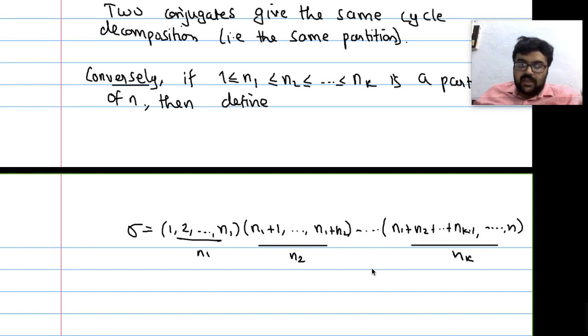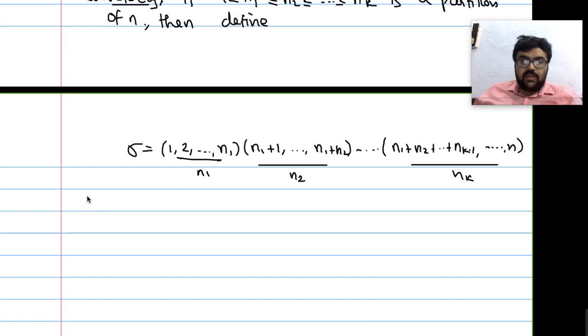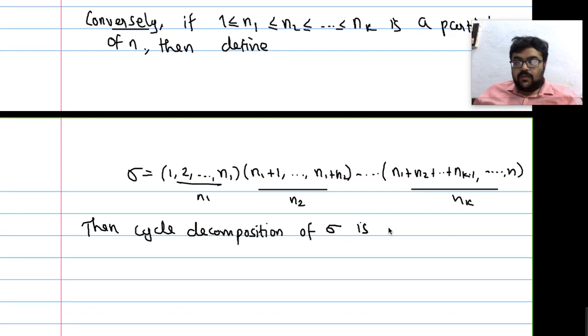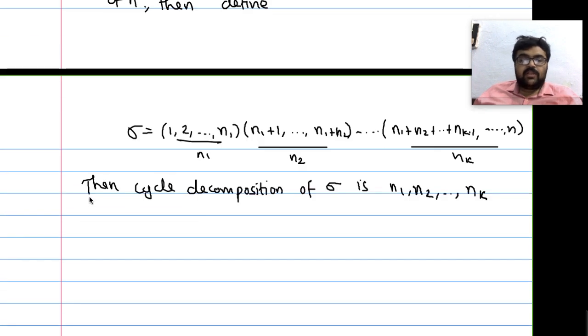So if we are given a partition, we can always find a permutation whose cycle decomposition is the same. Then the cycle decomposition of sigma is n1, n2, nk, which is a partition of n, because the sum is n.